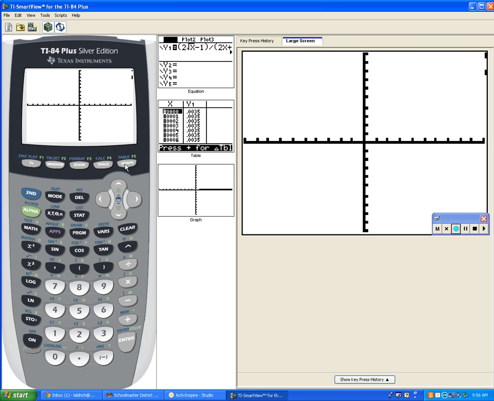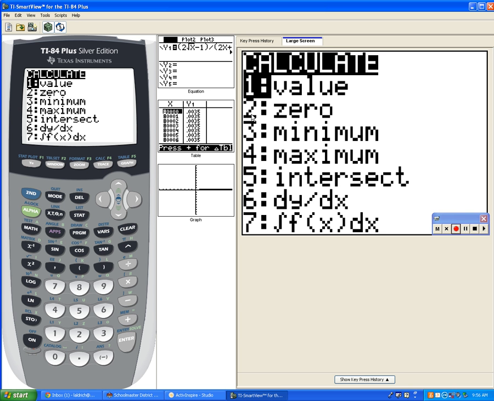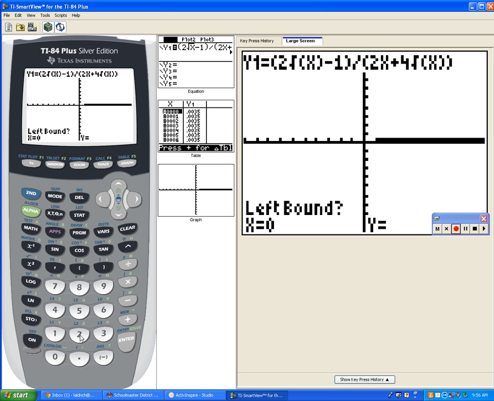Okay, so if you look at the graph, you want to know where that's above the x-axis, which looks like this over here, so I just need to know where it crossed right there. I know you can't really see it, but it doesn't matter because the calculator knows. We're looking for the zeros of the graph, where it crosses the x-axis.